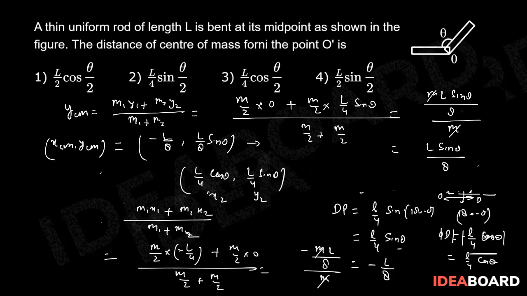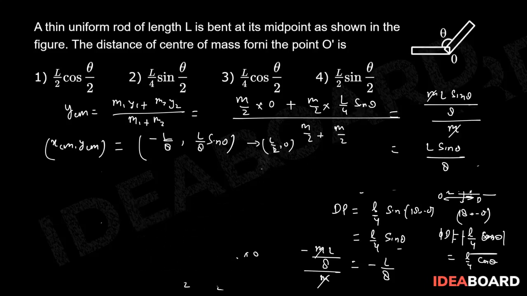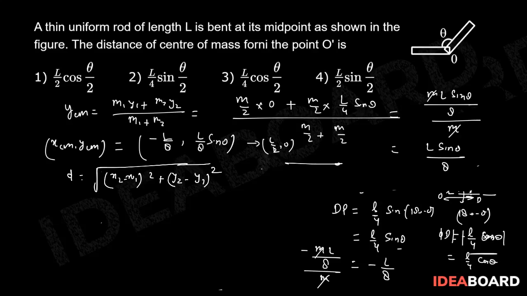Now they are asking the distance from L by 2 comma 0, because that was the initial center of mass. So how do we calculate the distance? We have the distance formula, which says d is equal to the square root of x2 minus x1 squared plus y2 minus y1 squared, the distance between two points x1, y1 and x2, y2.